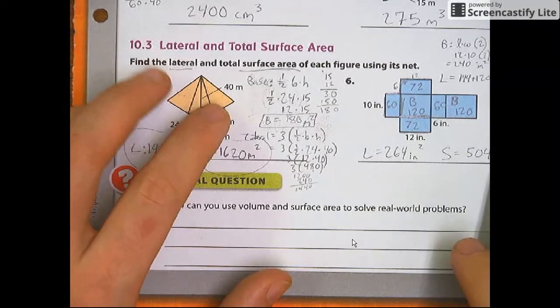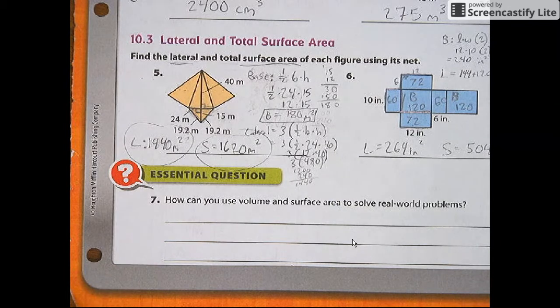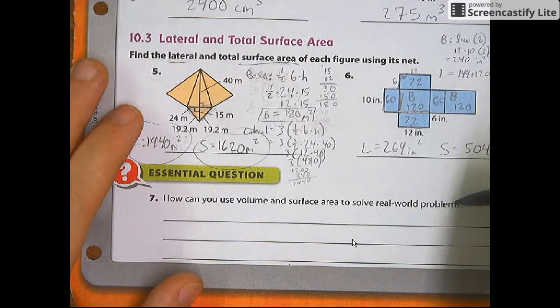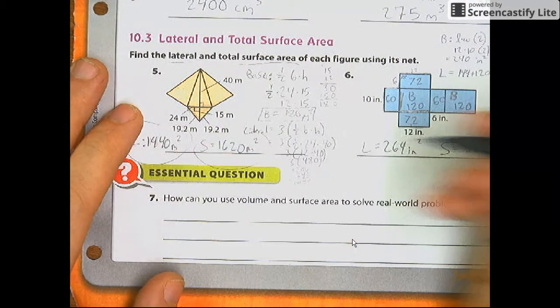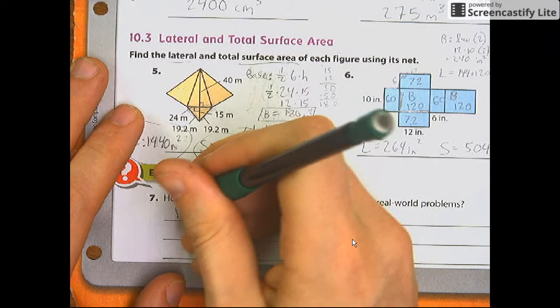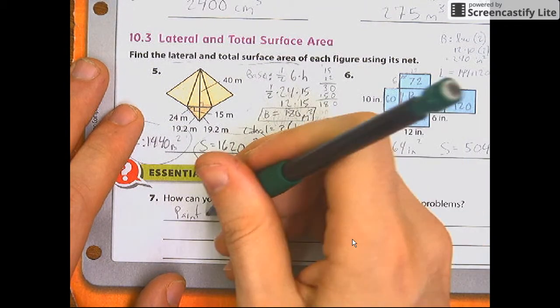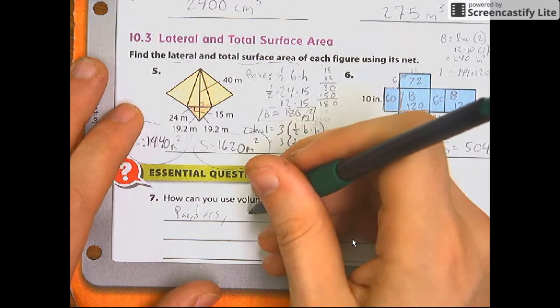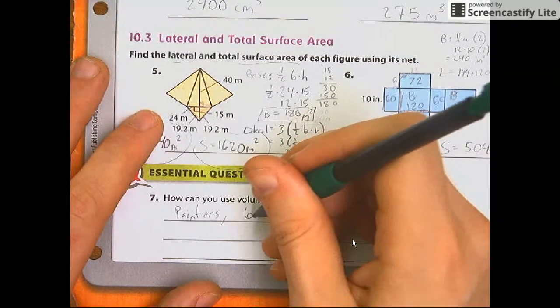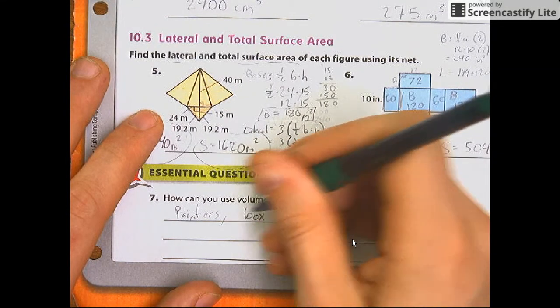All right, and we'll go ahead and just answer question number 7 real quick. You can come up with some ideas on your own, how you use volume and surface area to solve real world problems. I'll tell you, there's a lot of these things. If you paint, you have to know surface area. If you box anything, you have to know volume and surface area.